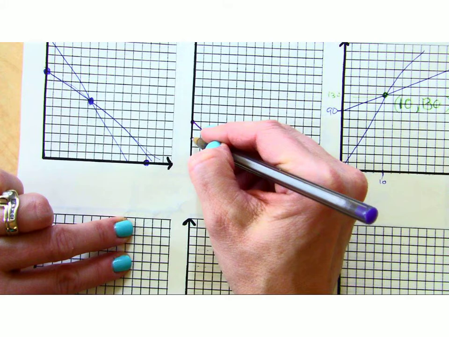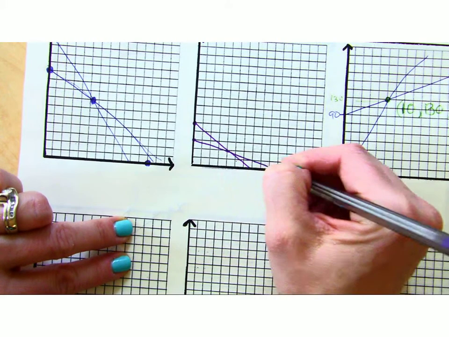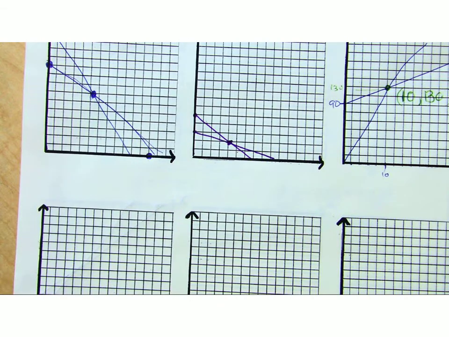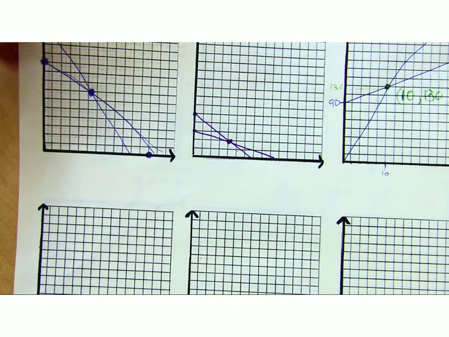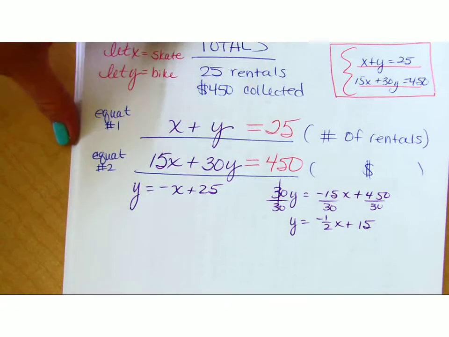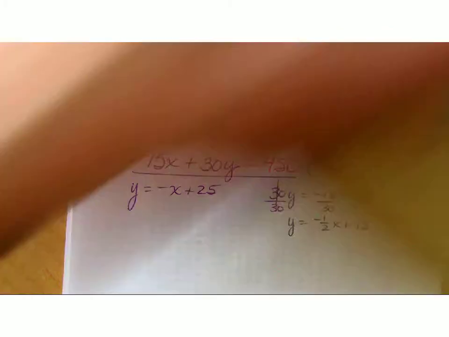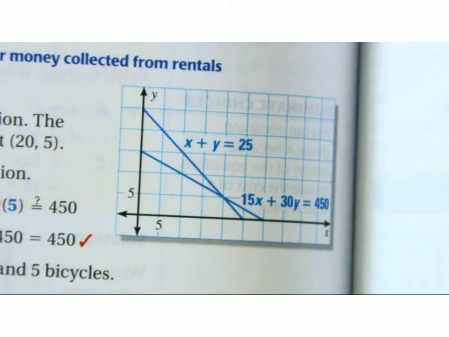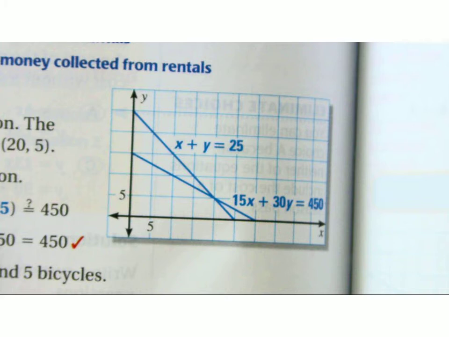And then you could look at that point where they meet, and, like I said, if I give you some good graph paper, then you should be able to figure that out. Once we get to the next two sections, you'll be able to figure that out. So let me show you what I mean by this. So let's say you have this beautiful graph, and you were able to perfectly graph each of these. And it looks like your point is what?